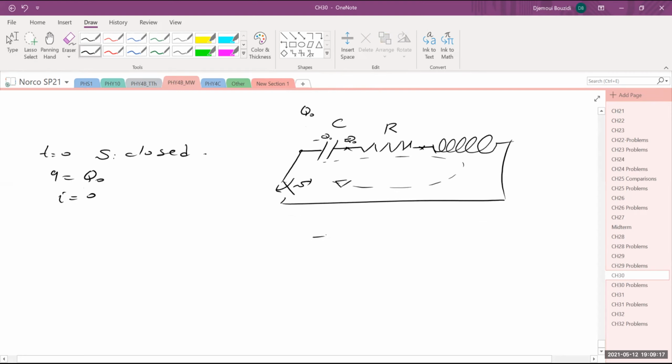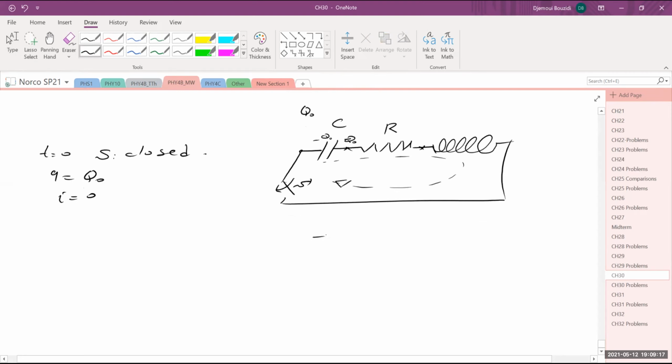So let me clean this section here. Basically, I is equal to minus dq over dt. Having said that, I can replace it in here with the negative dq over dt, and dI over dt will simply equal minus the second derivative of q with respect to time.